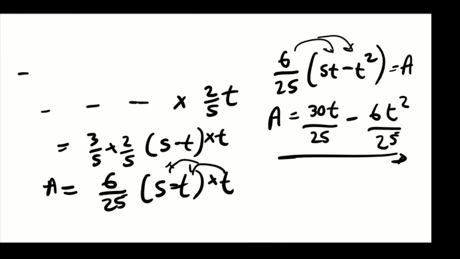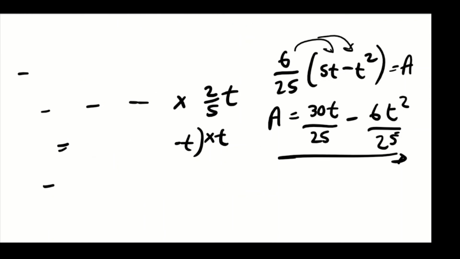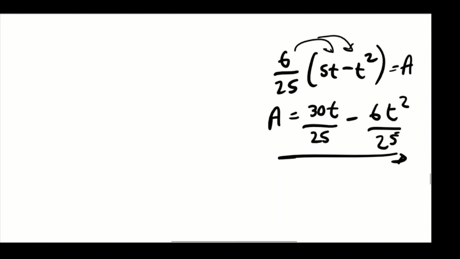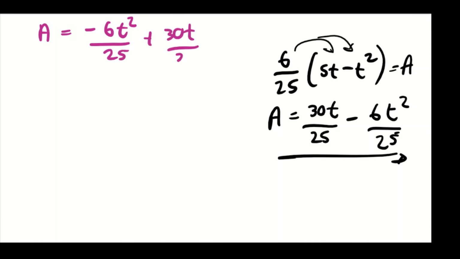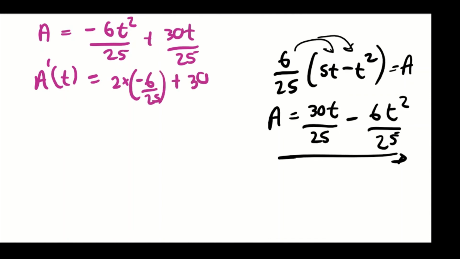Because we are looking for the value of t, which at the end we need to derive, I'm having A being equal to minus 6t squared over 25 plus 30t over 25. So A prime of t, which is equal to 2 times minus 6 over 25 t plus 30 over 25.